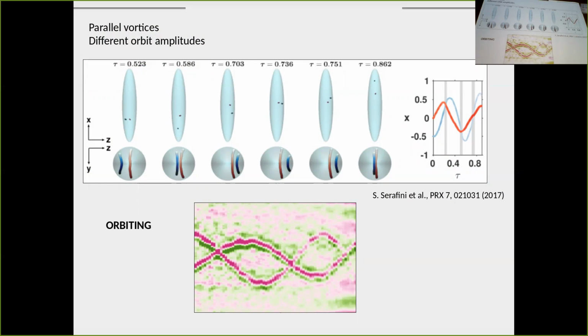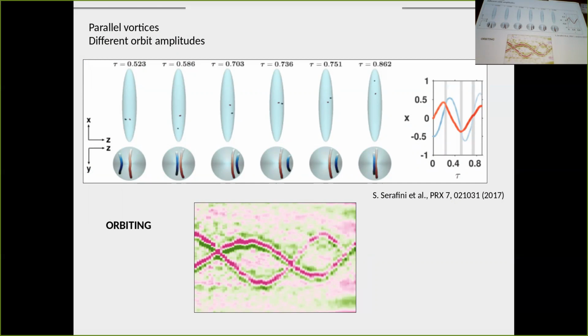Let me mention that all this kind of simulation was done by Luca Galantucci and Carlo Barenghi. So let's consider, for instance, the situation where we have vortices aligned in the same way and orbiting with different orbit parameters. In this case, both numerically and experimentally, we see that indeed the interactions remain very weak.